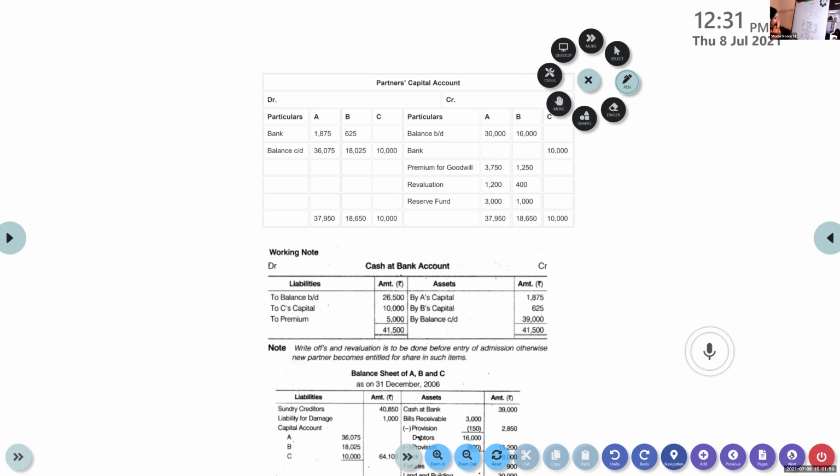The reserve fund is already in the books, that is in the balance sheet, so we will distribute it to the old partners. Accumulated profit, loss, reserves.